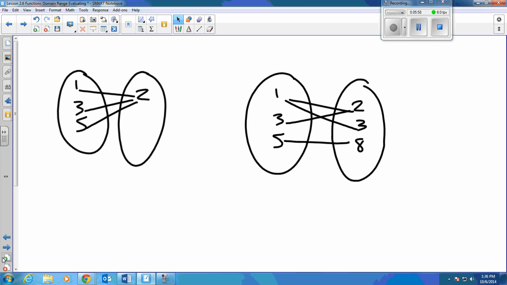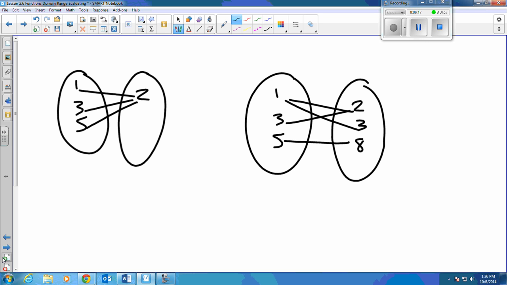So my first mapping here is a function. Each x has one y value. 1 has only one y value. 3 has only one y value. 5 has only one y value. But the second mapping here is not a function because 1 cannot go to both 2 and 3. Each x can only have one y value.